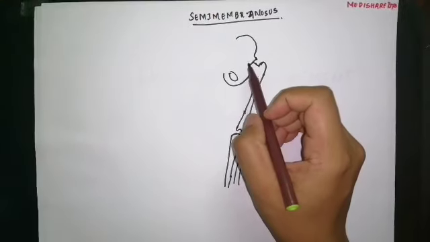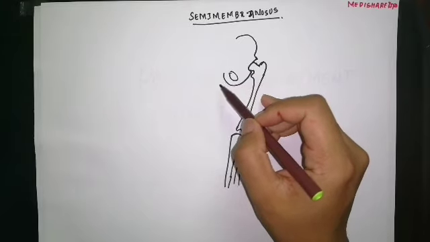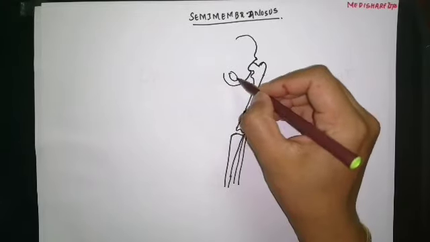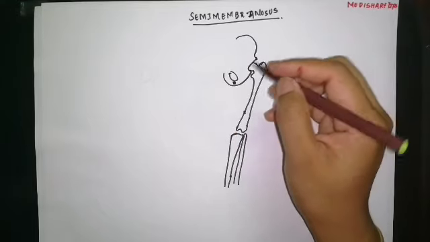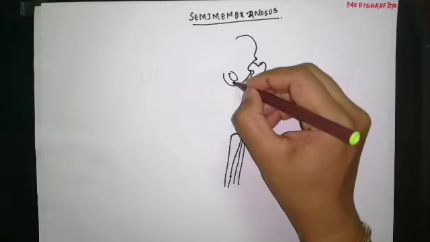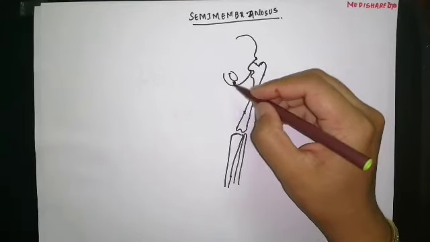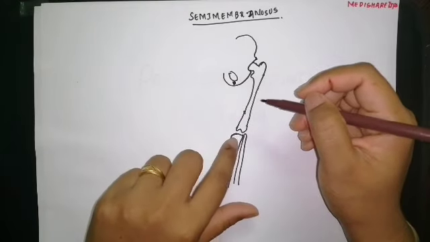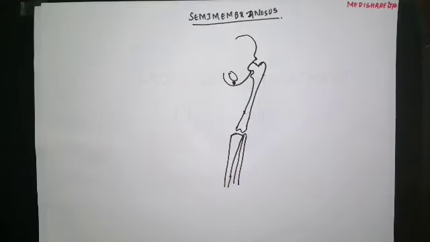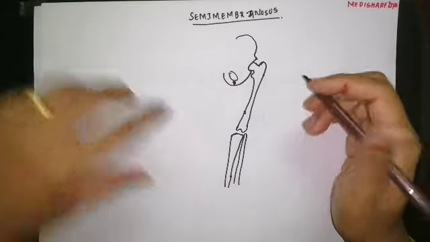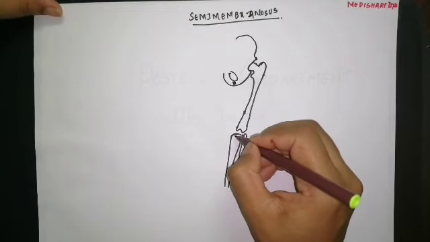It is actually a hamstring muscle, so it should have its origin from the ischial tuberosity. From which part of the ischial tuberosity? It originates on the superolateral aspect of the ischial tuberosity, and it passes downwards and gets inserted into the posterior aspect of the medial condyle of the tibia.